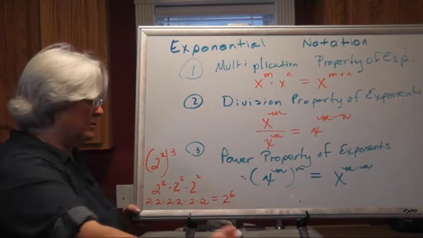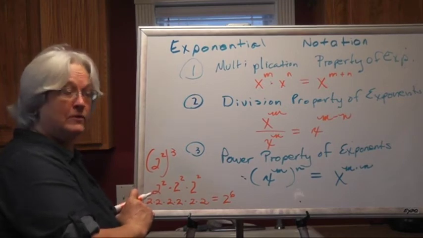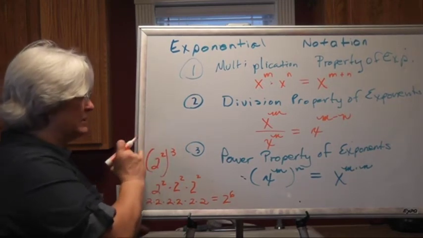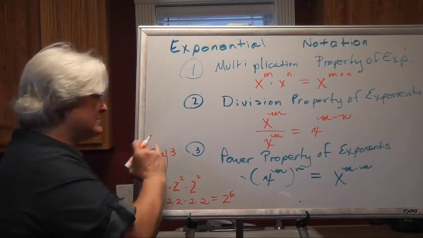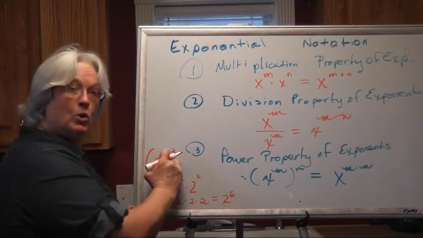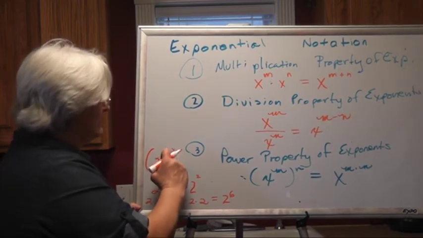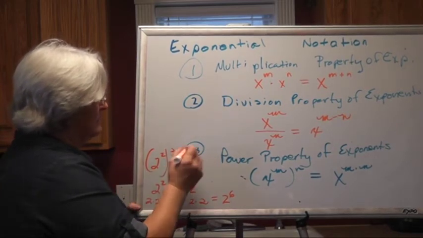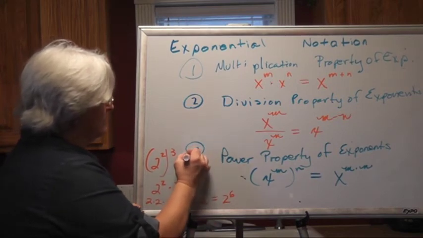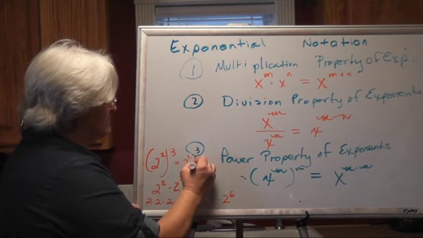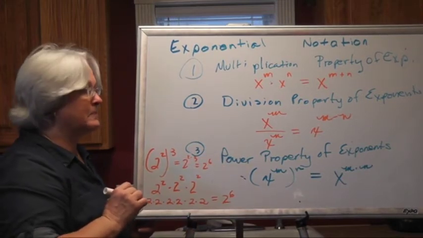If we wrote this whole mess out. We don't have to do that though, because we have an exponential expression, 2 squared, that's raised to the 3rd power, or is used as a factor 3 times. So we keep the base and we multiply the exponents. 2 times 3 is equal to 6, so it becomes 2 to the 6th.